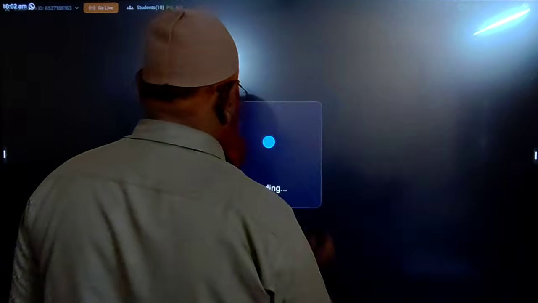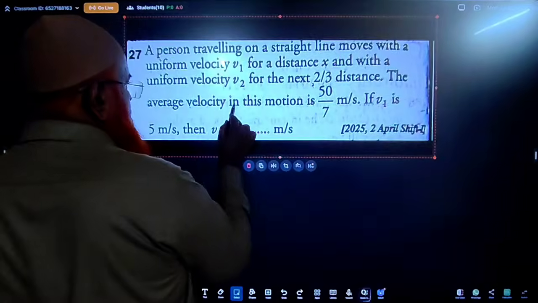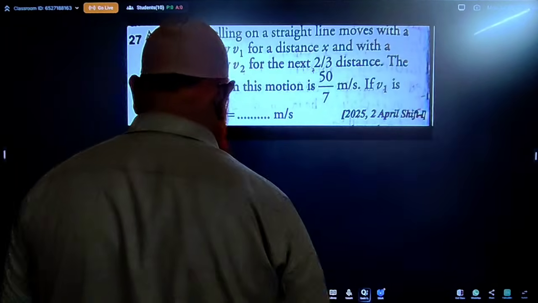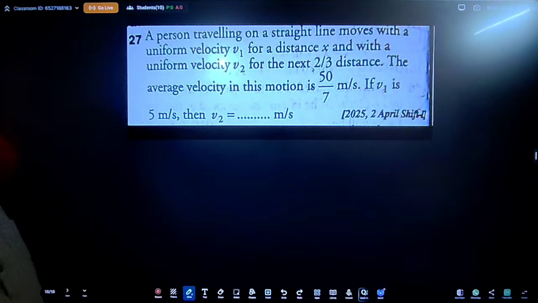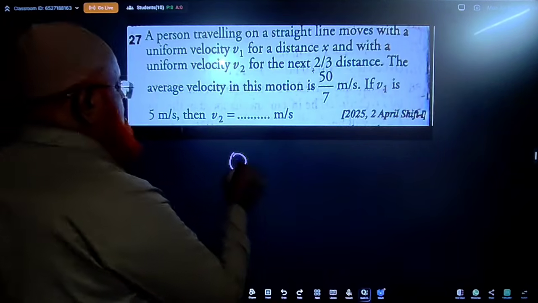Now this one. See this one. A person traveling in a straight line moves with a uniform velocity.